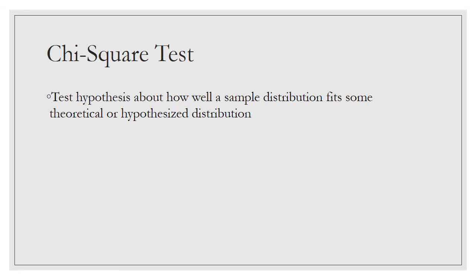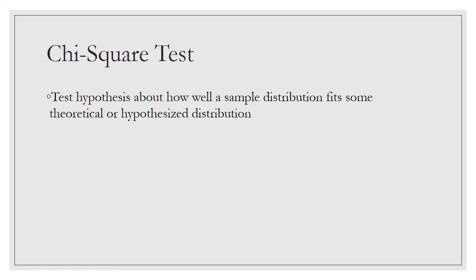Of our non-parametric tests, I just want to mention the chi-square test. We use our chi-square test, as we use many of our non-parametric tests, when some of the assumptions of parametric tests fail, or, for example, with the chi-square test, when the measurement scale is not interval or greater. So this could be done with nominal categorical type data.